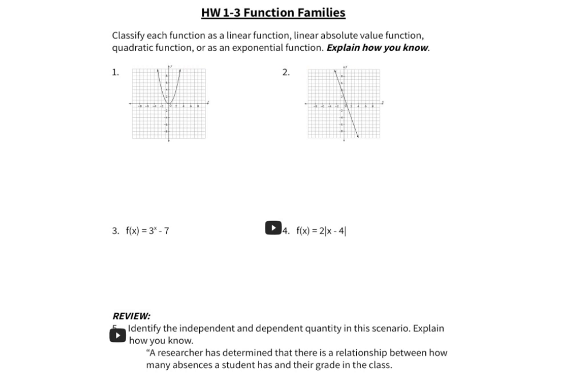All right, so now I'm just going to go over a couple of the homework problems. So looking at number 4, for this particular problem set, we're classifying each function as a linear function, linear absolute value function, quadratic function, or an exponential function. Explain how we know. So looking at number 4, it's an equation, and the one thing that sticks out to me is that this equation has these vertical bars, which are absolute value bars.